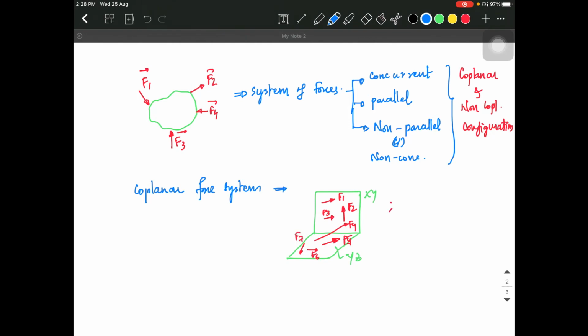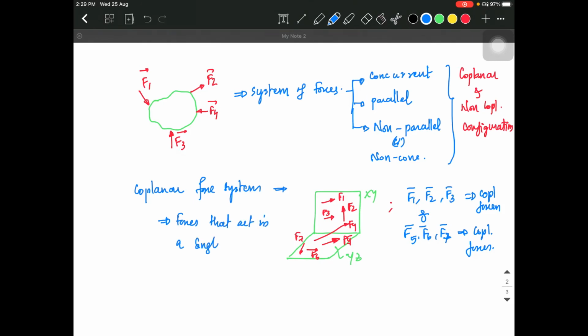In this figure you can clearly see that F1, F2, F3 are coplanar forces, and F5, F6 and F7 are also coplanar forces. The difference is that F1, F2, F3 act on the XY plane, and F5, F6, F7 act on the YZ plane. Forces that act in a single plane constitute a coplanar force system.